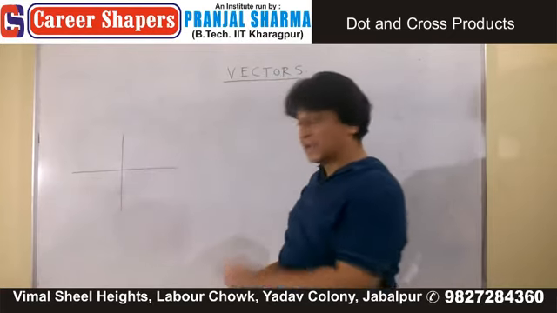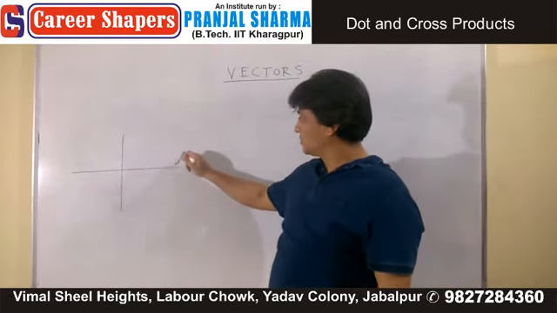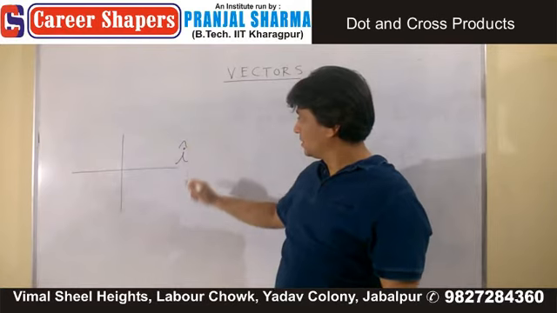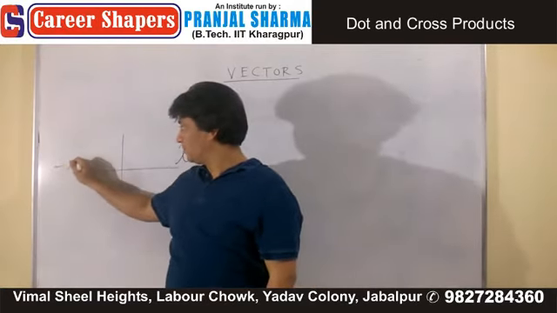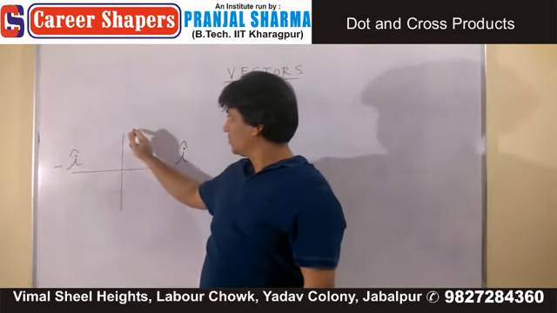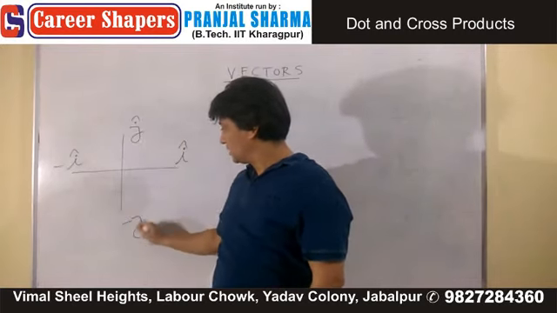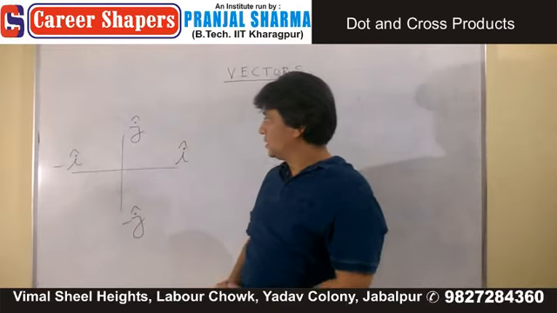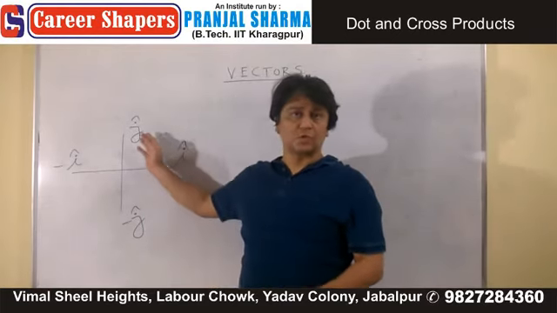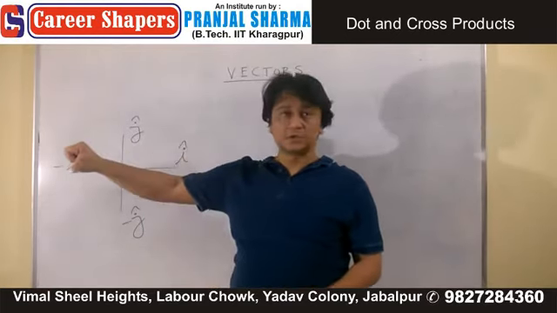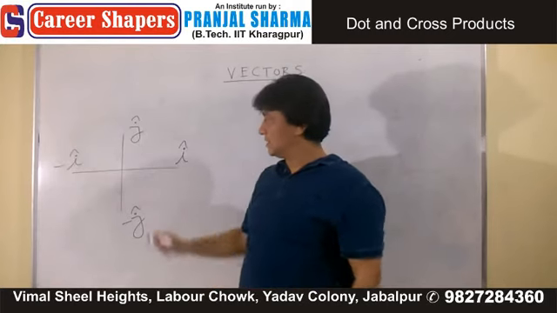When you plot x, y, and z, you know that this is I cap, this is minus I cap, this is j, this is minus j. Now this is x, this is y, this is z. What is z? Z is this.